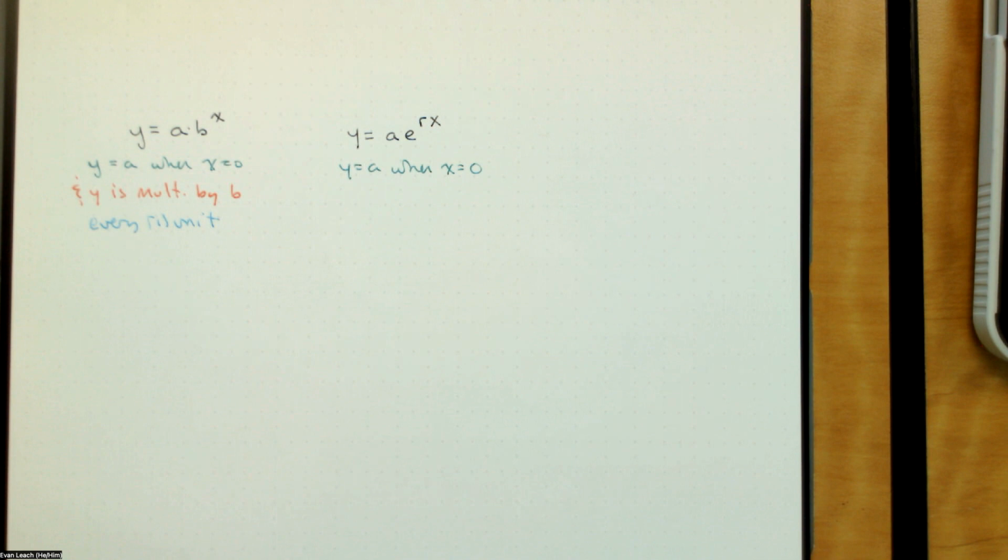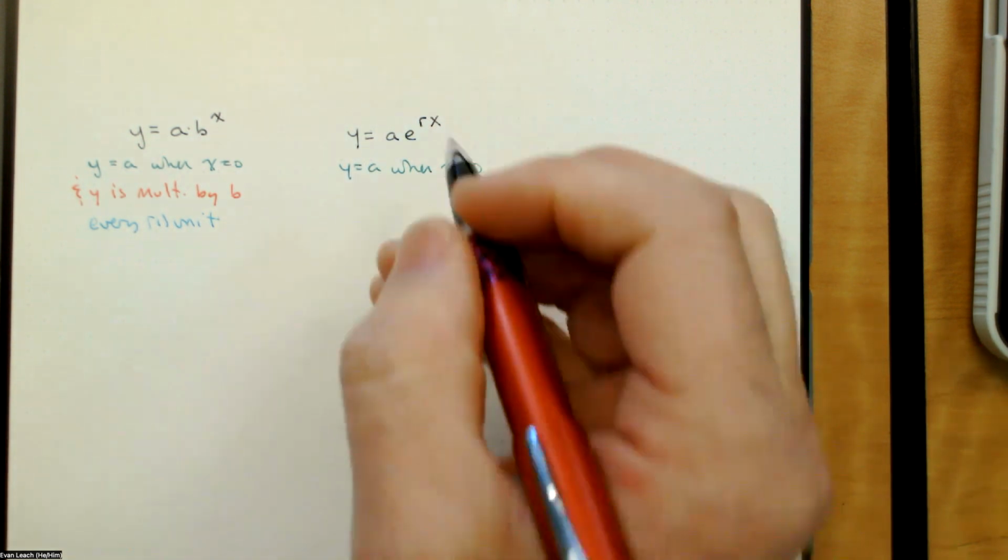So here, to describe what's going on, when we write this e, we're thinking of continuous growth. We're continually multiplying. And r is the continuous growth rate.